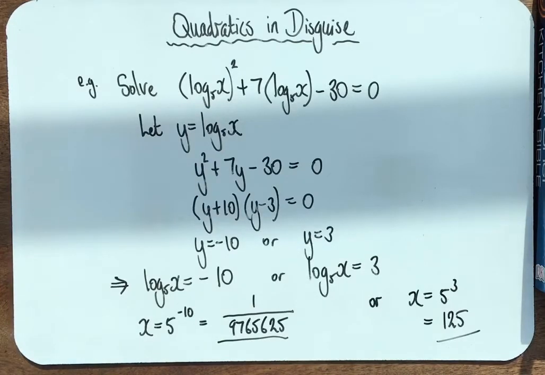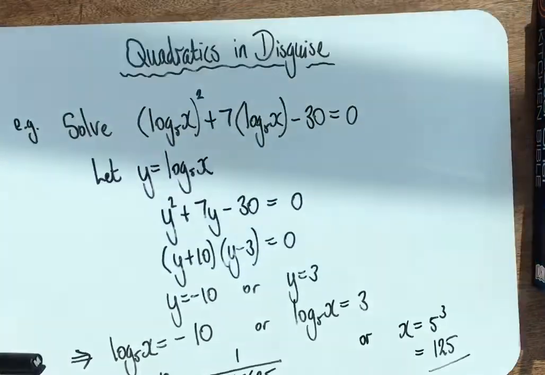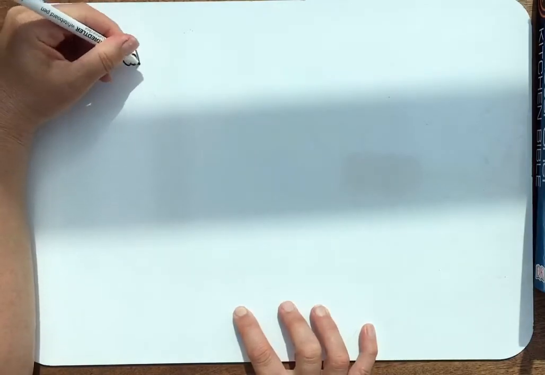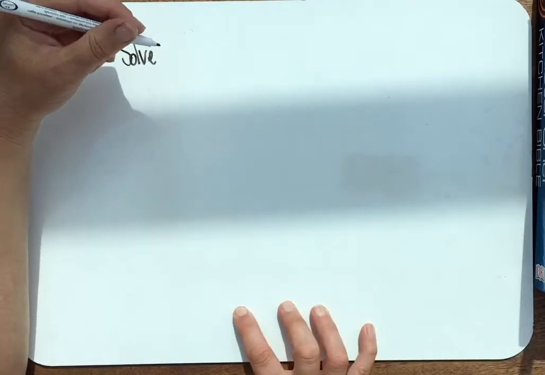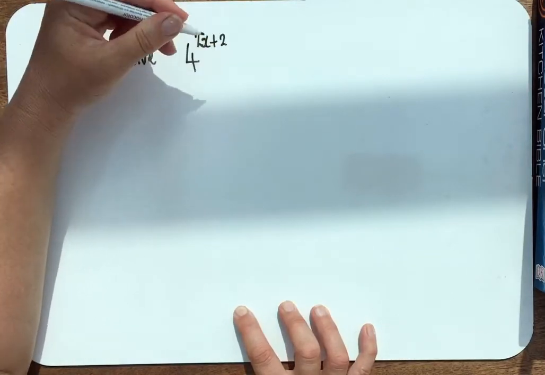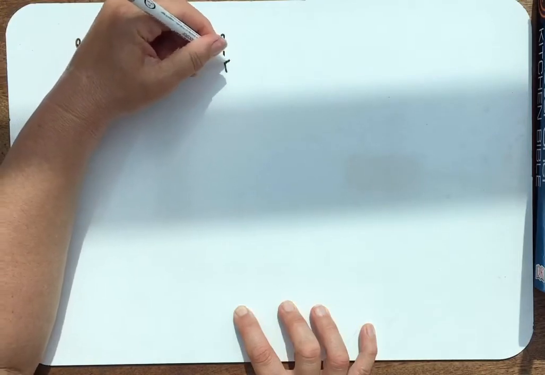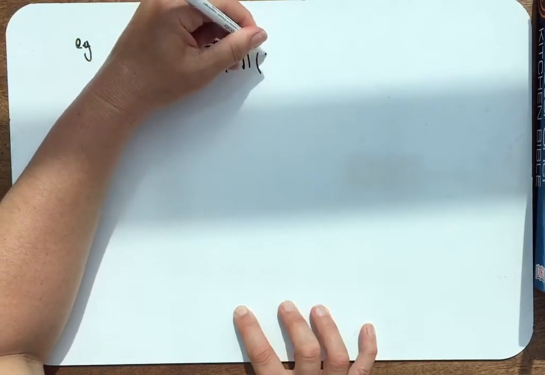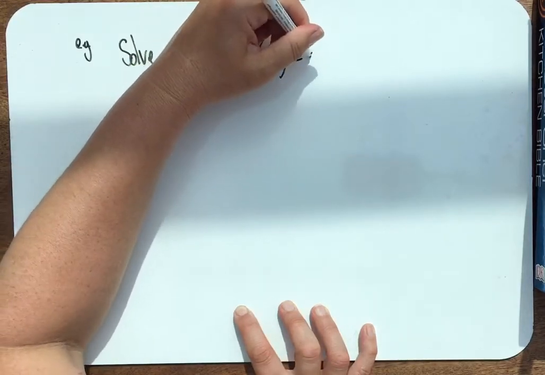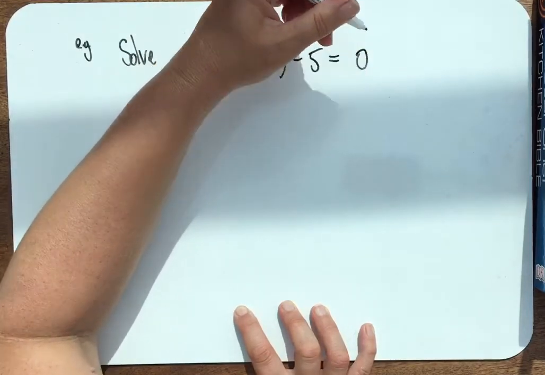Second one, so this one is slightly less obvious. Solve 4 to the power of 2x plus 2 plus 11 lots of 4 to the x minus 5 equals 0.